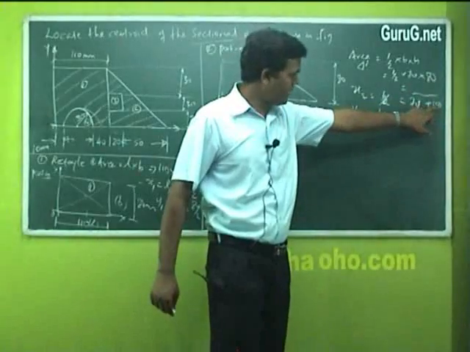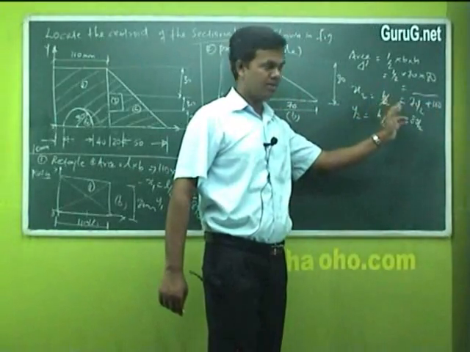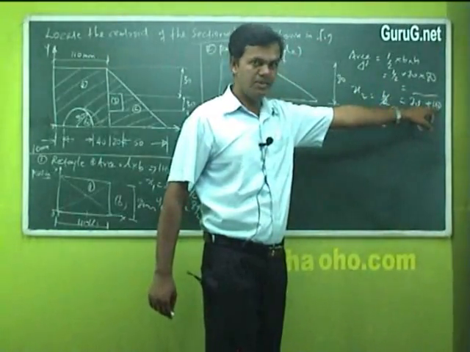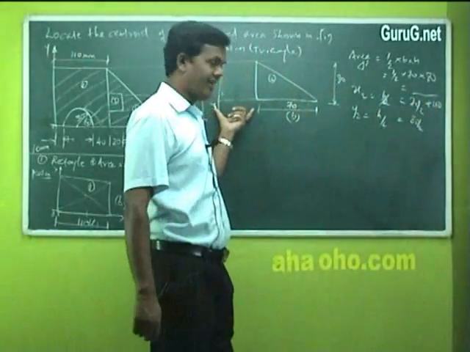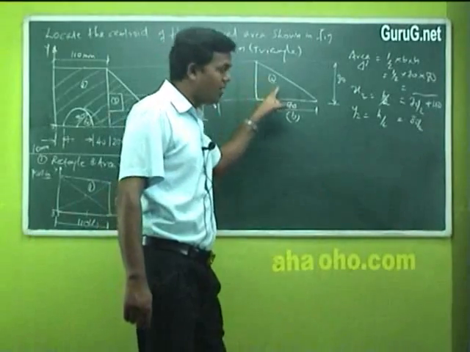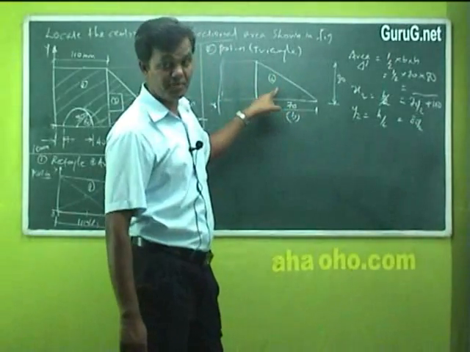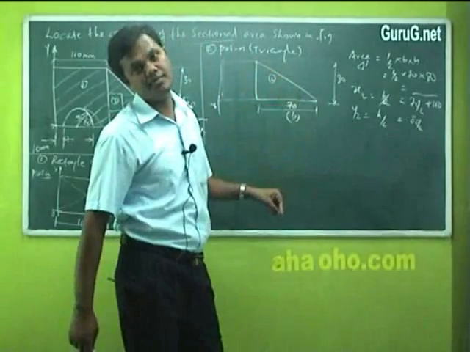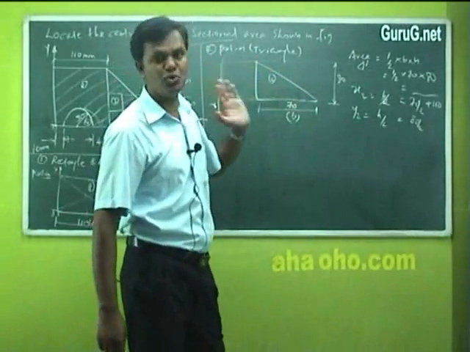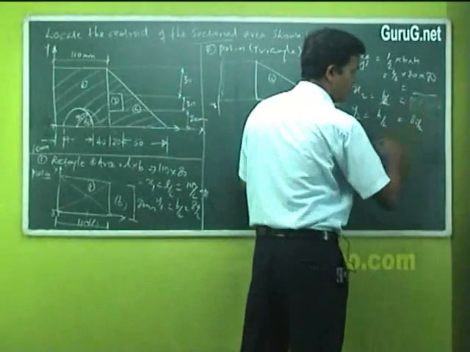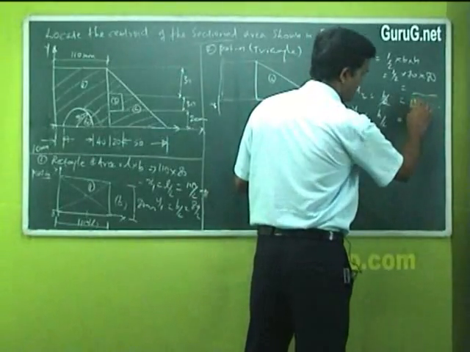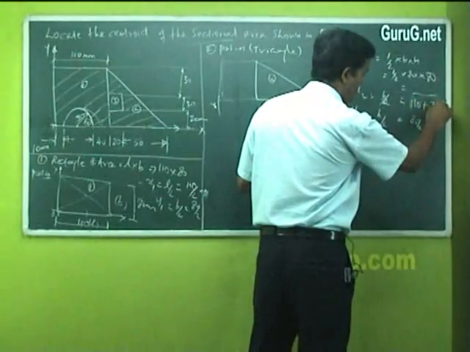Actually speaking, you should write this 110 first. Because you are starting from here, traveling a 110 distance, then you are interested in finding the center of gravity of that particular triangle, portion number 2. So I will modify this again, because the rule is you have to start from scratch: 110 plus 70 by 2.